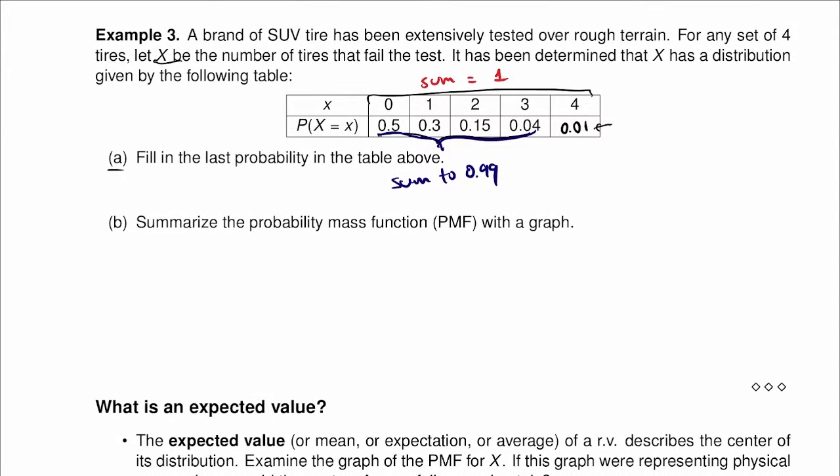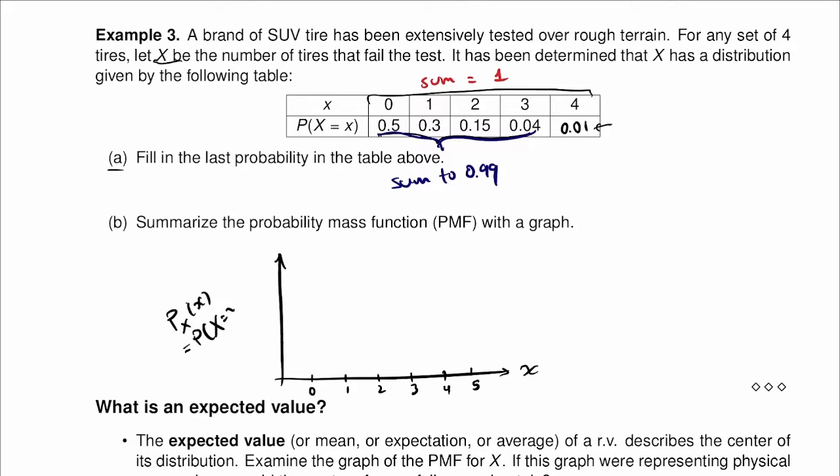Now, summarize the probability mass function, the PMF, with a graph from 0, 1, 2, and so on. And here in the x-axis, we plot the PMF that is equal to the probability of the random variable taking those values. And we have that they range from 0 to 0.5.